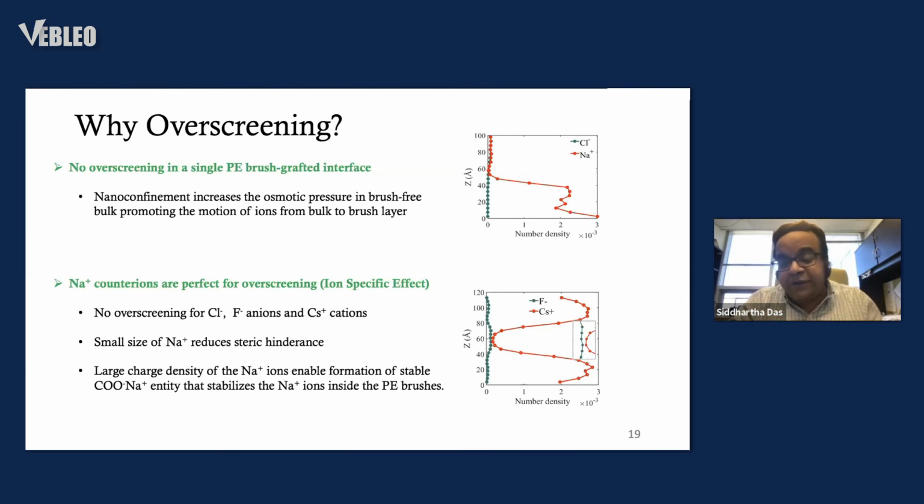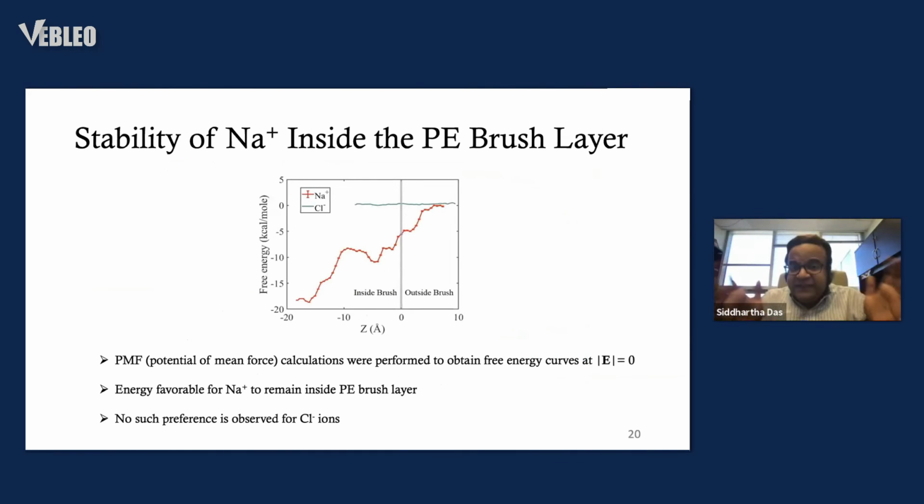inside the polyelectrolyte brushes. So sodium ions can overcome electrostatic repulsion by virtue of the fact that they attain extreme stability as they form coordination with COO minus.